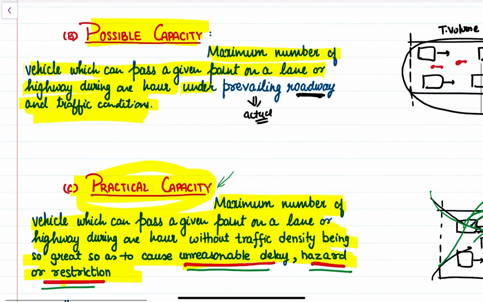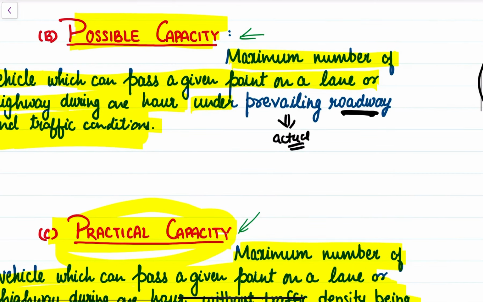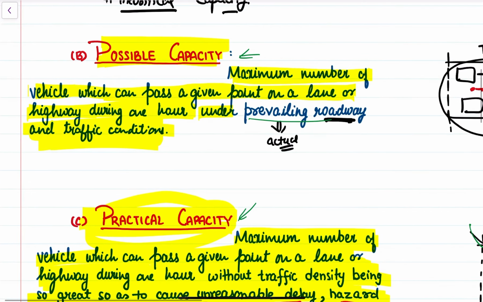What will the possible capacity be under the prevailing roadway condition, that is, the actual traffic condition that we record on the field? So what could be the minimum value of possible capacity?